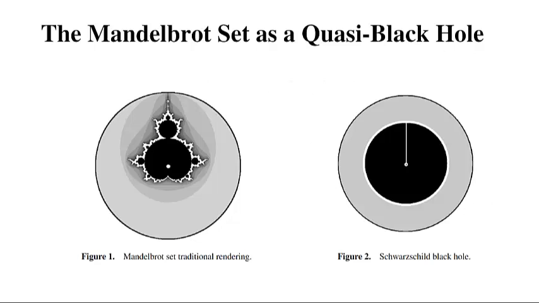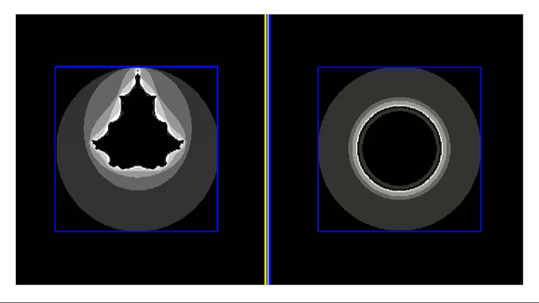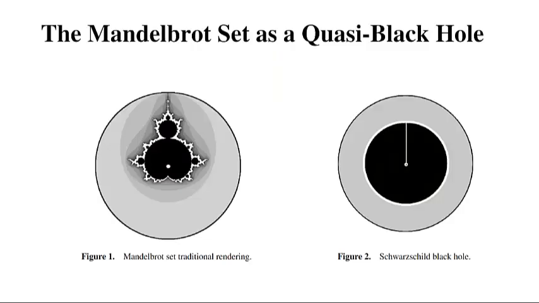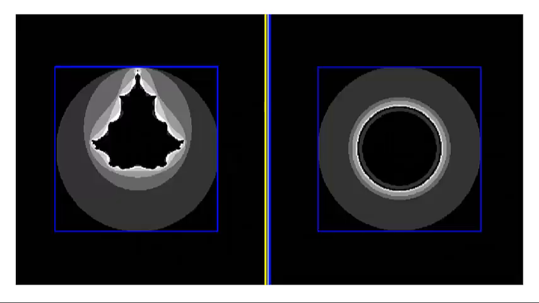I was a little bit surprised myself when I put these 2 side by side and noticed that I had actually inadvertently recreated this figure from my paper. Of course, I've often wondered whether there was some connection between the Mandelbrot set and the cosmological black holes, and this gives me another clue to look at that possibility.